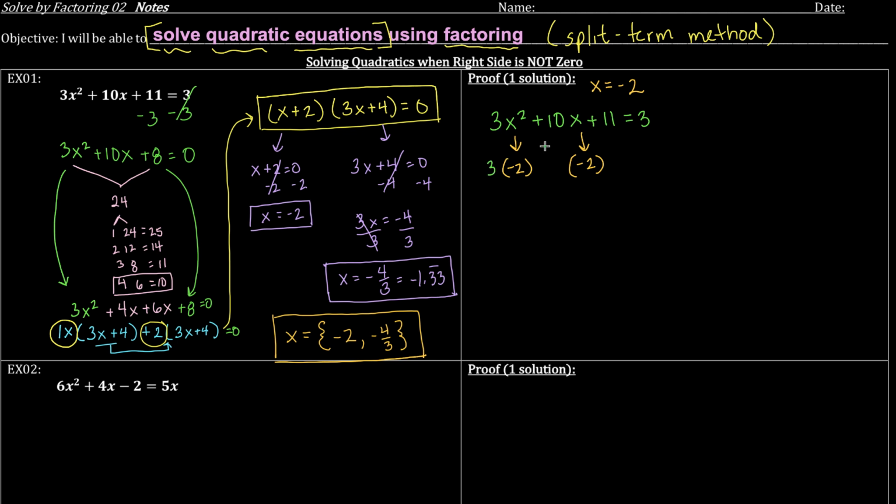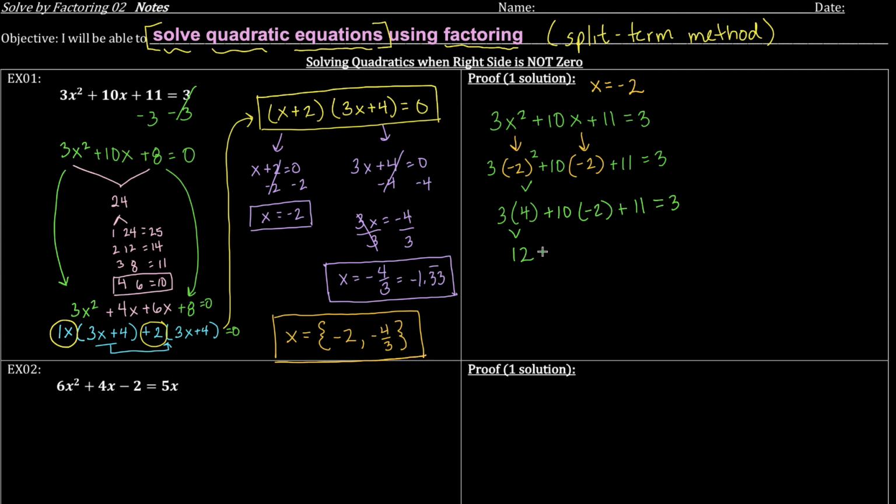So I end up with 3 times negative 2 to the second power plus 10 times negative 2 plus 11 equals 3. Remember, exponents first: negative 2 times negative 2 is positive 4. Plus 10 times negative 2 plus 11 equals 3. 3 times 4 is 12.